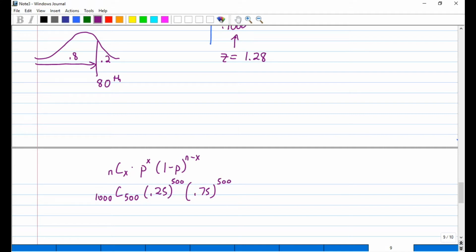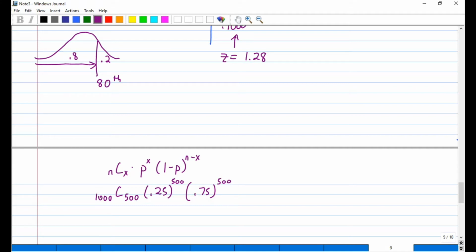So what people had to do back then to approximate a binomial distribution when these numbers are really large is they used these charts, okay? And they converted the values over to z-scores. Because have we been working with super big numbers with z-scores?